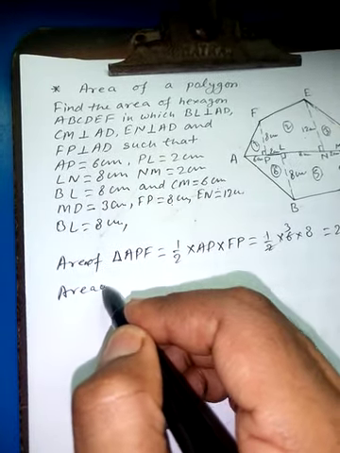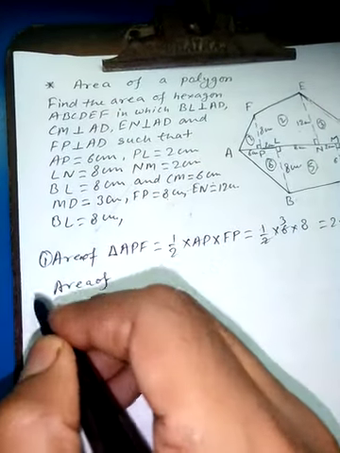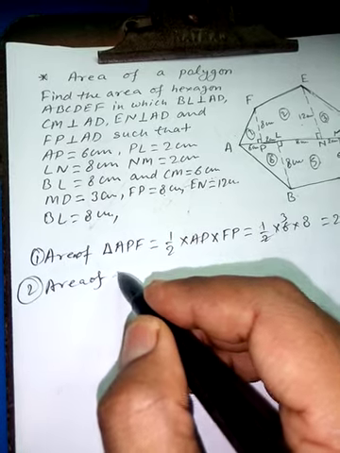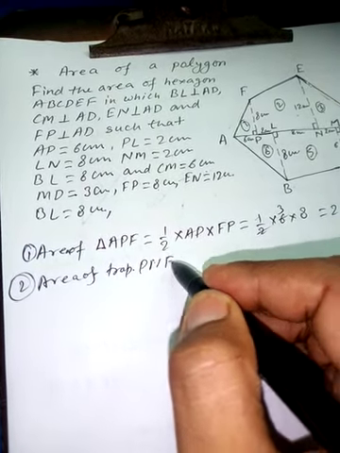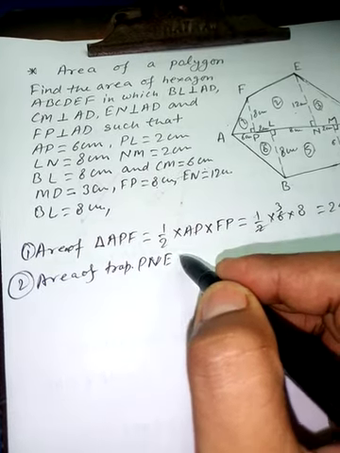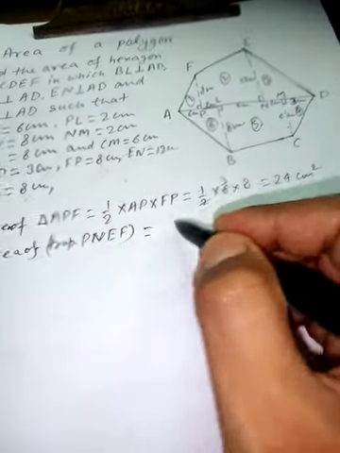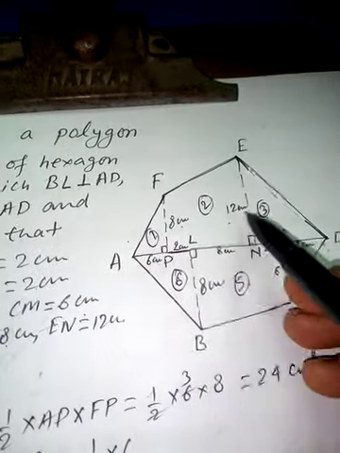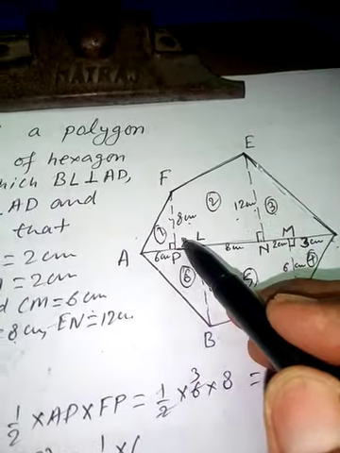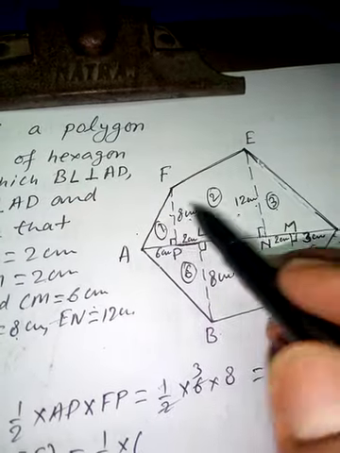Area of figure 2, trapezium PNEF, that is 1 by 2 into the sum of parallel sides, that is 8 plus 12. These are the parallel sides, since the perpendiculars are parallel.